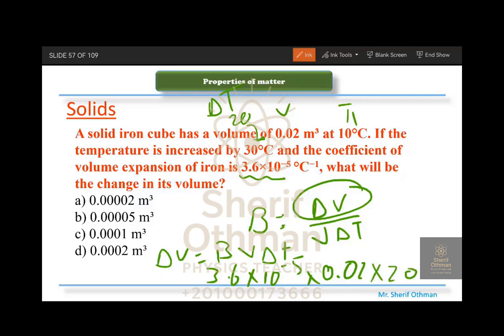By finding the final result, it will be 0.002 meter cubed, guys.